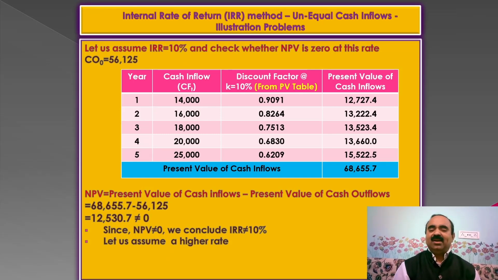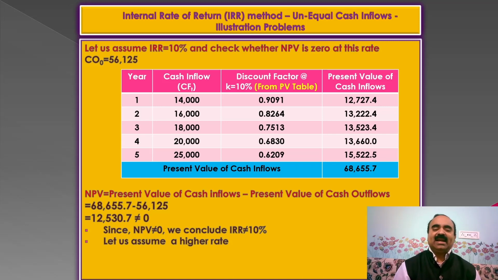In the fourth column, I had taken present value of cash inflows, which I derived by multiplying the values in the second column with the values in the third column. For example, in the year 1, I multiplied 14,000 with 0.9091 and derived present value of cash inflow of 12,727.4.